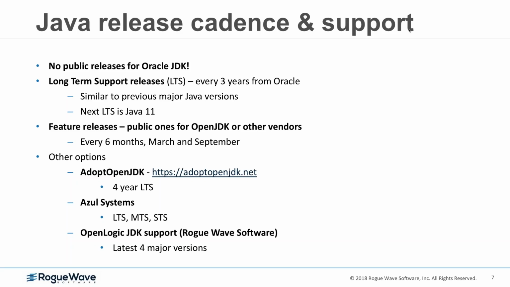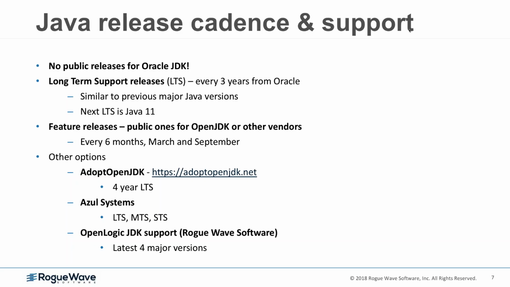Another offering is from Azul Systems. I think Azul, from the vendors, has taken the most energy and effort to talk about how they will go forward with Java. They have defined not just long-term support, but medium-term support and short-term support, which you can see more closely on the following slide.